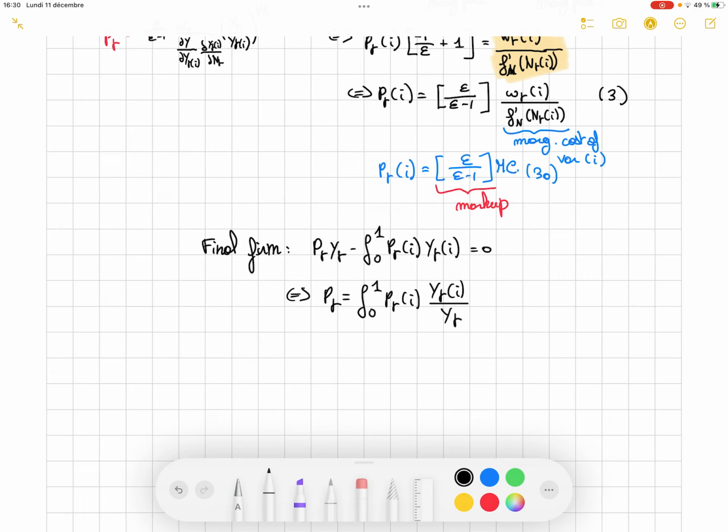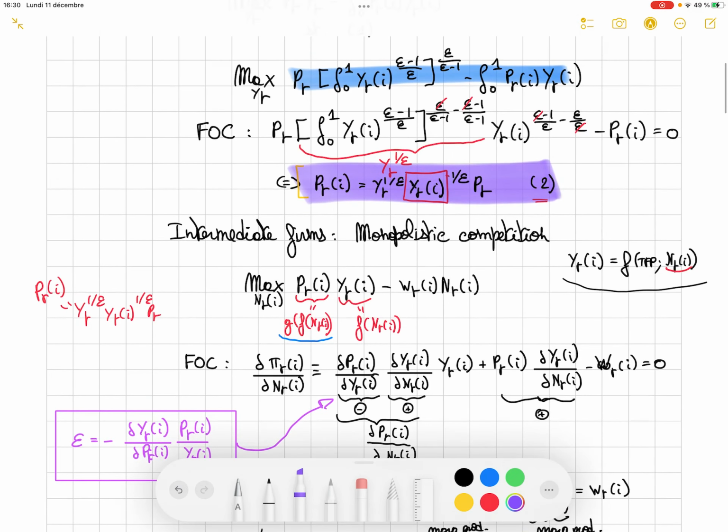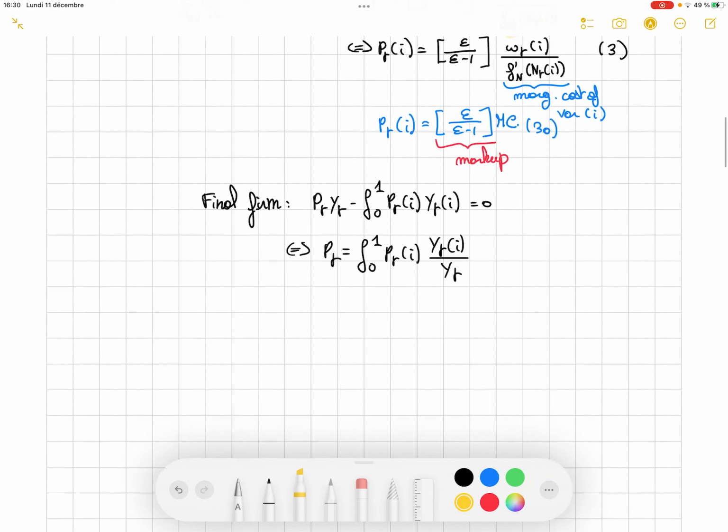And now we want to plug in the demand expression of the variety. So we just want to replace this epsilon_ti inside our equation using the result that we had from the optimization process of the final firm.